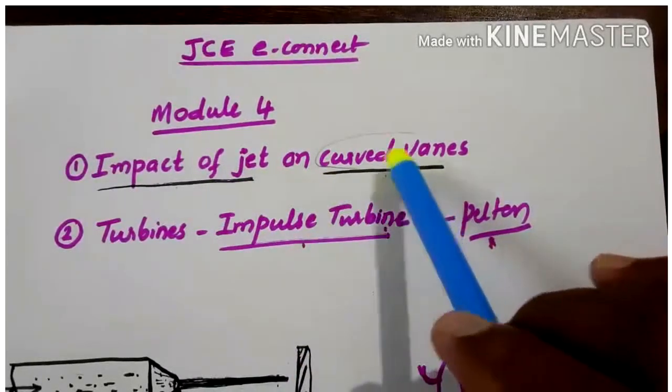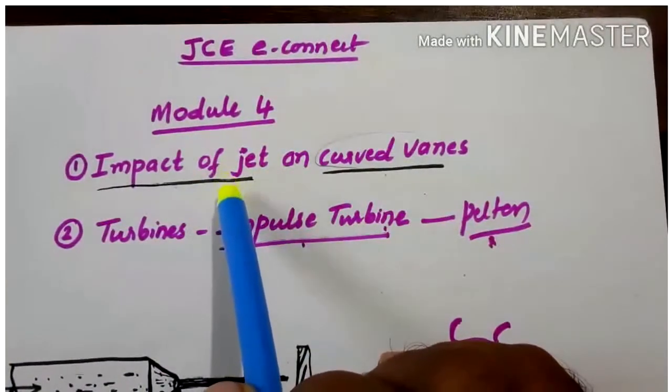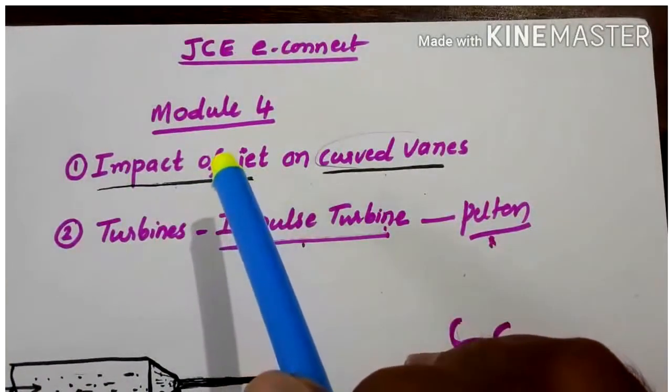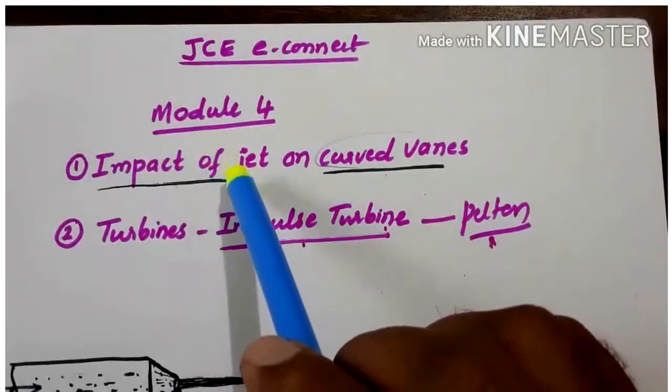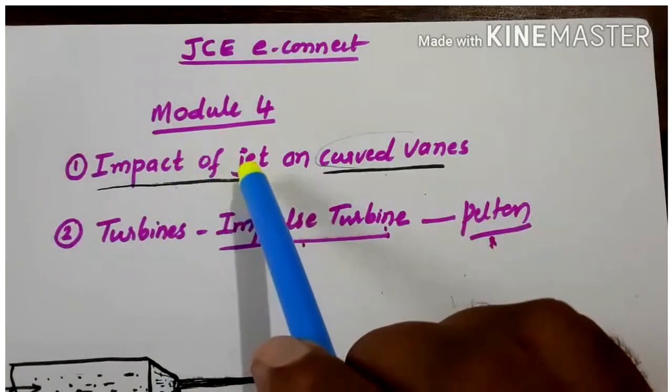In the previous lecture we started module number 4, that is impact of jet on curved vanes, and we discussed what is meant by impact of jet and how the impact of jet force can be analyzed.